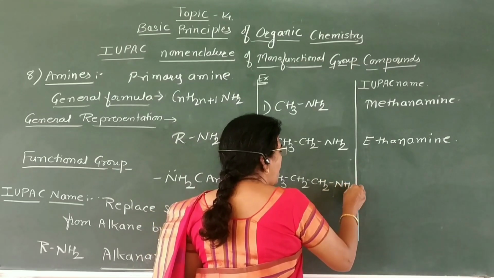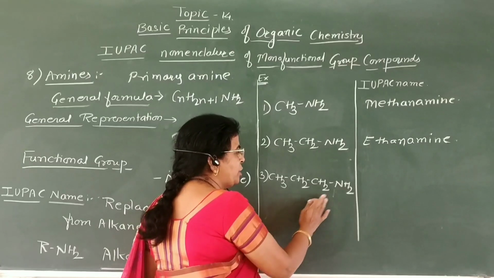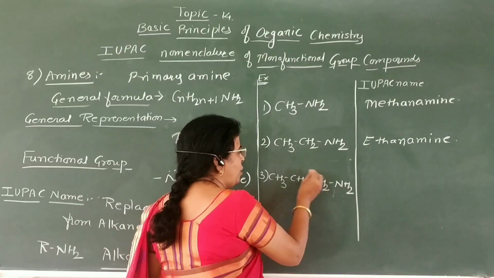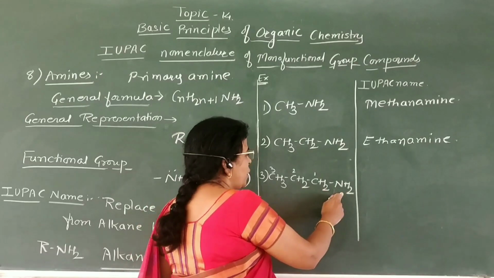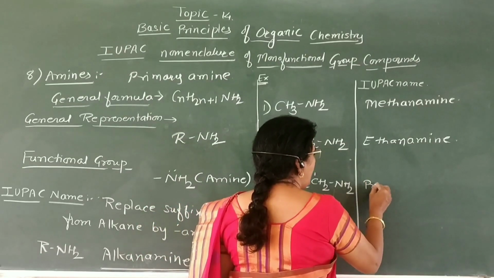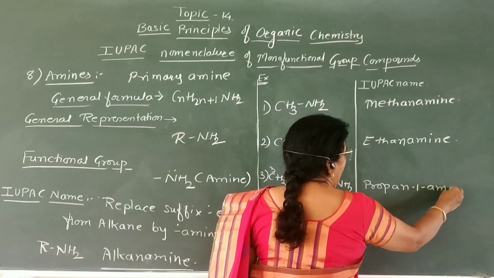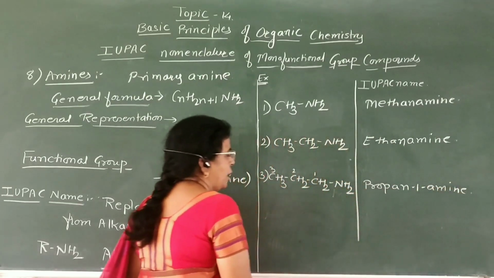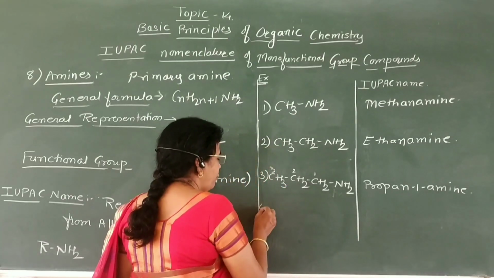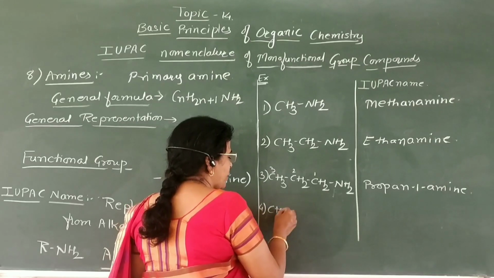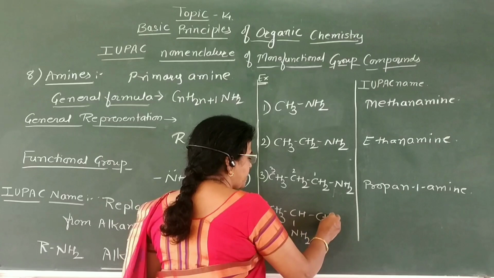Now here there are more than two carbon atoms. Now give numbering from the end which is nearer to the functional group. That is 1, 2, 3. At one position there is NH2 group. Therefore it becomes propan-1-amine. Fourth, CH3CH(NH2)CH3.